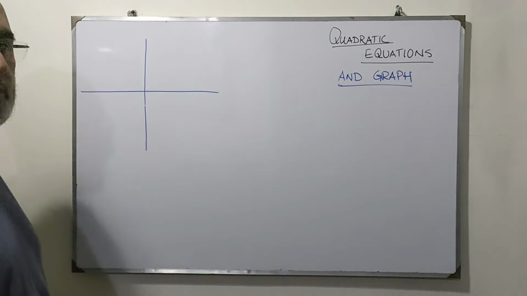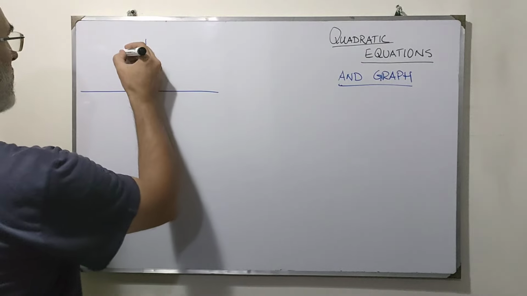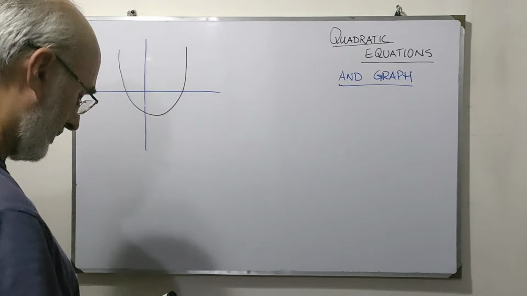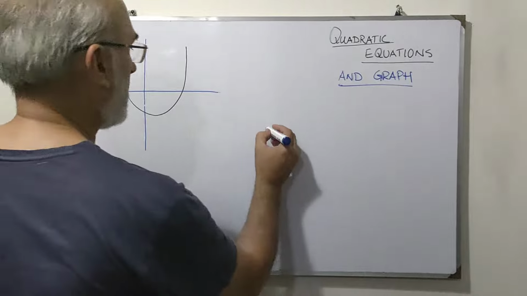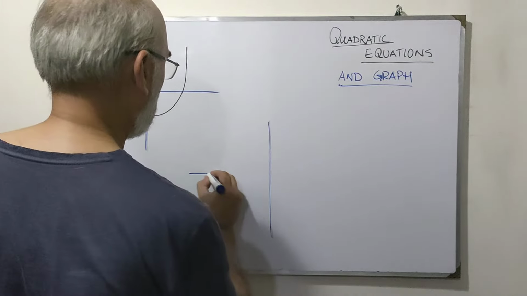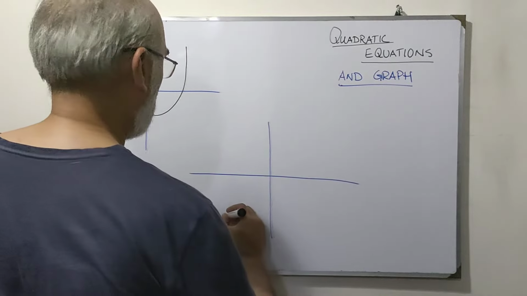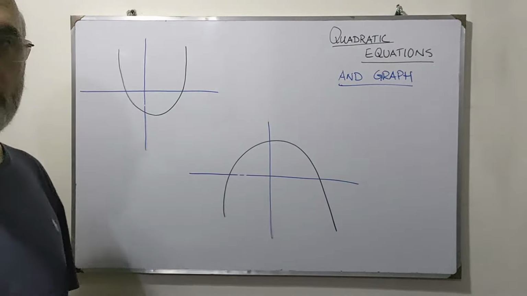the graphs of a quadratic equation are either going to be like a parabola like this, or it can be like this, okay, parabola.